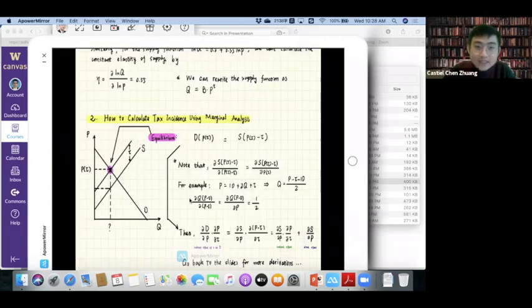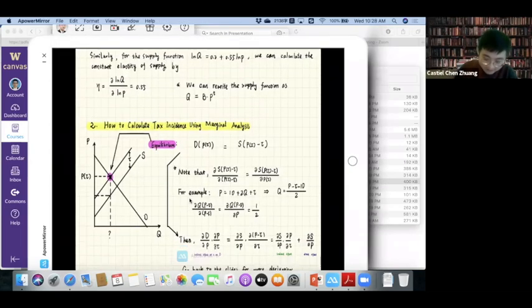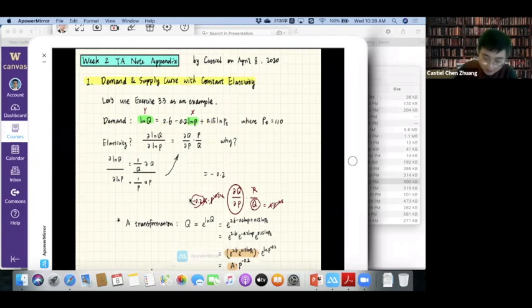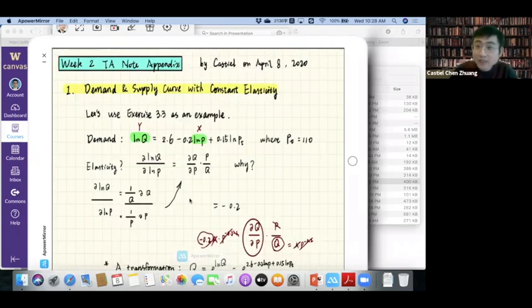Oh, okay. Let's go back to my iPad again. Basically, you are treating log q as a variable and log p as a variable instead of treating q as a variable. So just treat log q as y and log p as x. So you're taking the derivative of y with respect to x, right?